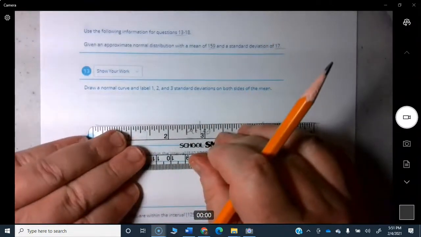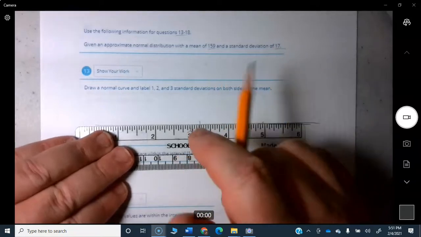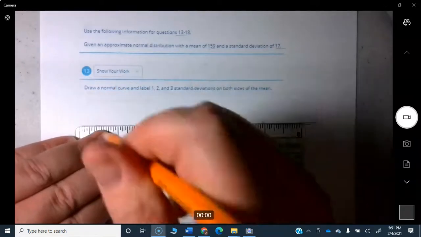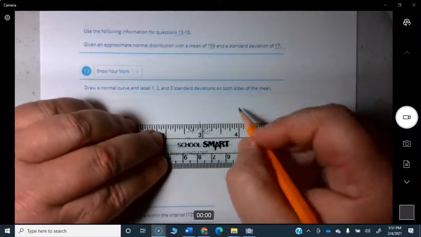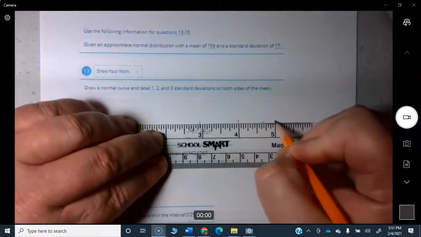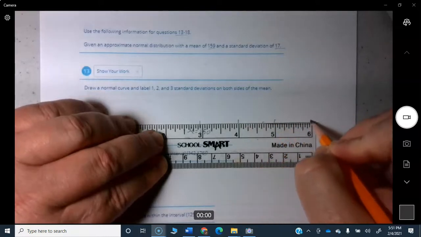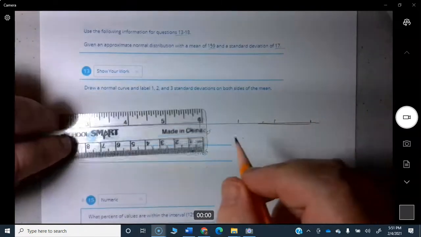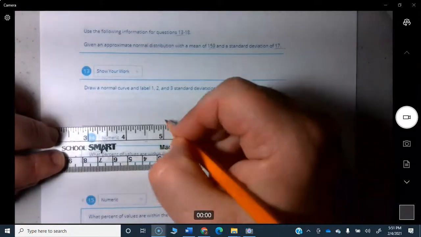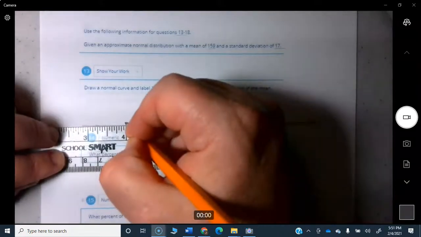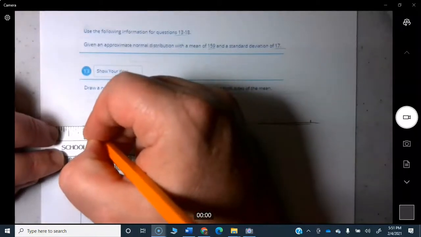And in this direction also. Okay, so I'm going to just say 1 inch is going to be 1 standard deviation, 2 inches is 2 standard deviations, 3 inches is 3 standard deviations. Okay, in the other direction, same thing, 1 inch. Again, I'm just picking those distances because they fit.